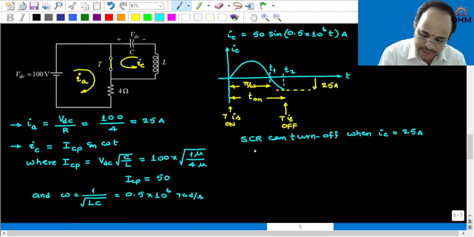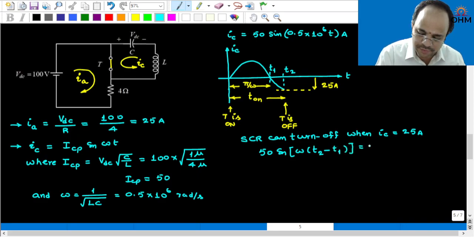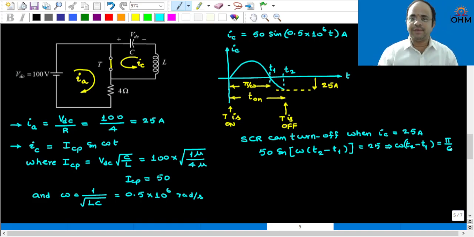That means 50 sin of omega into (T2 minus T1) is equal to 25. Therefore, omega into (T2 minus T1) is equal to pi by 6.